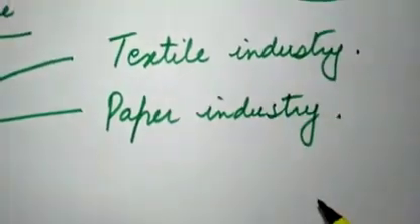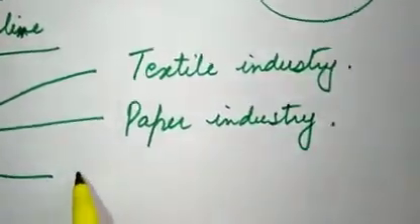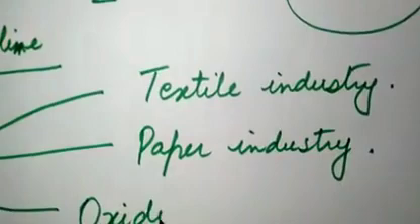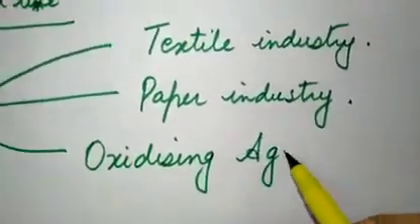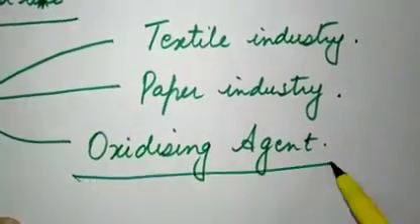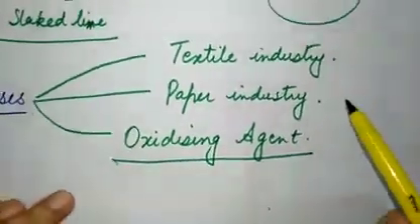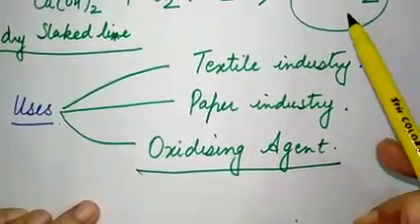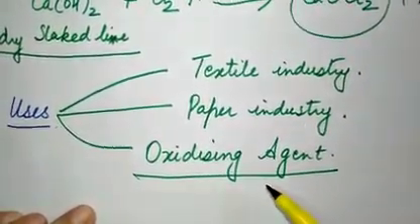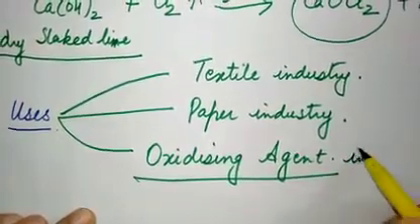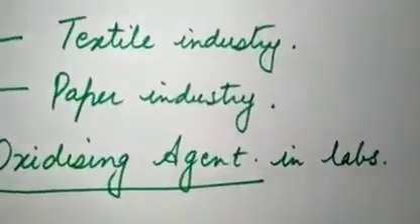Then another use is that it is a very important oxidizing agent. You will read about some of the reactions afterwards, where it plays a role of oxidizing agent. So calcium oxychloride is a very good oxidizing agent, and it is used as an oxidizing agent in labs.